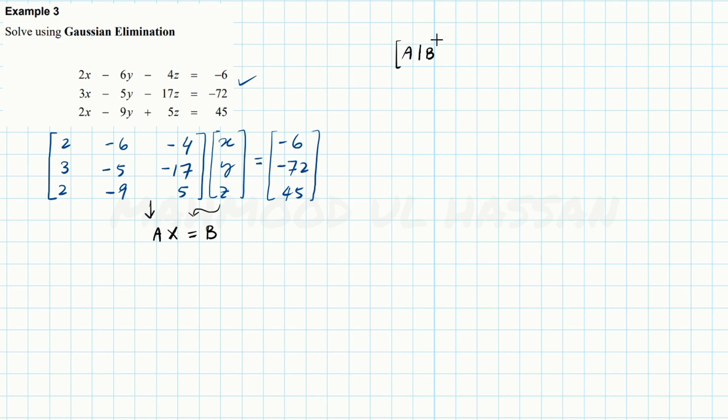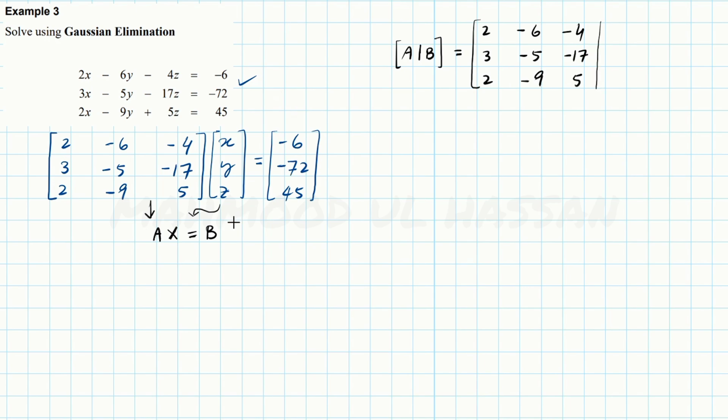An augmented matrix is a matrix in which we are doing the same operation with two matrices. So here first we are going to write matrix A, that is 2, -6, -4, then 3, -5, -17, and then 2, -9, and 5, with a vertical bar.